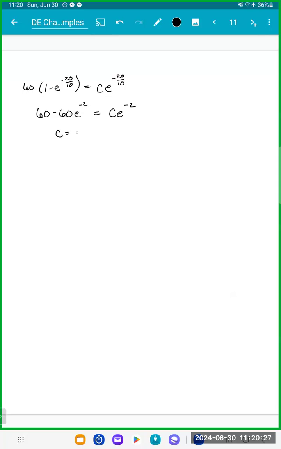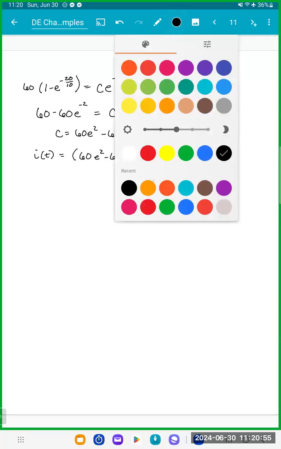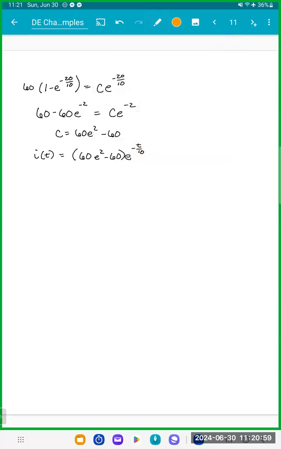Therefore, our c is equal to 60 e squared minus 60. So our I of t for this interval t greater than 20 is going to be 60 e squared minus 60 times e to the negative t over 10. And so that would be the second solution that we were looking at.